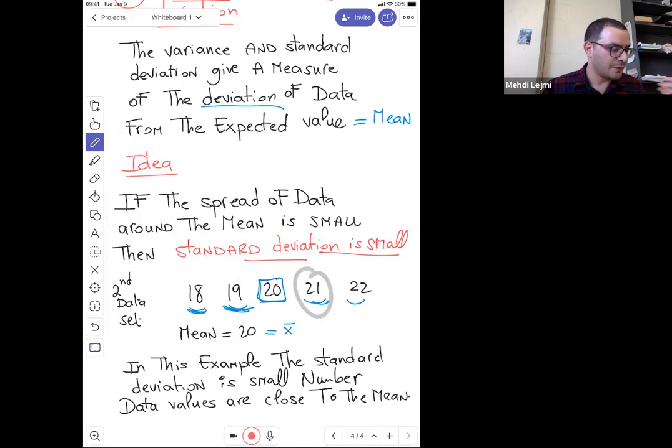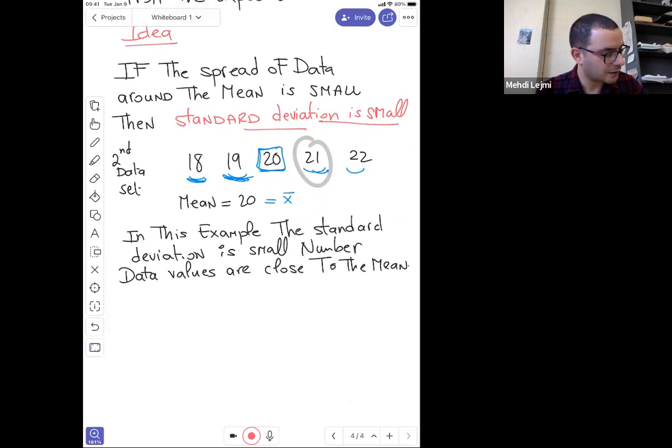Now, this is when the spread of data around the mean is small. So now, if the spread of data around the mean is large, then you expect your standard deviation to be large, okay? So this is case 2.